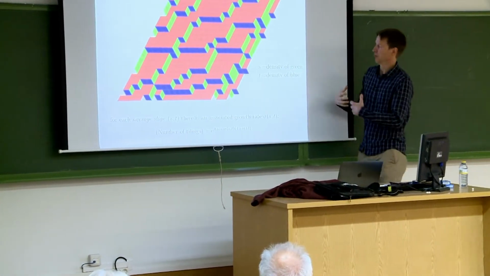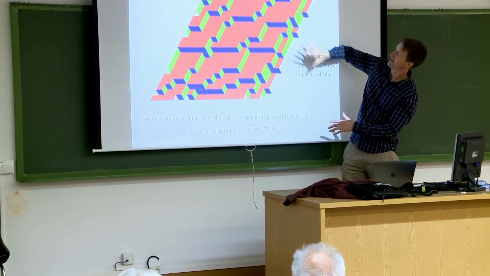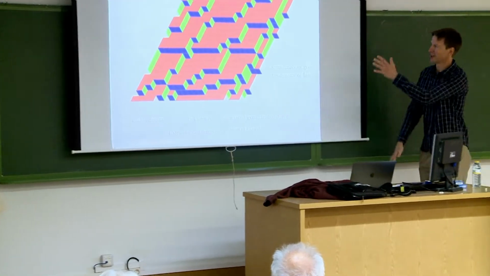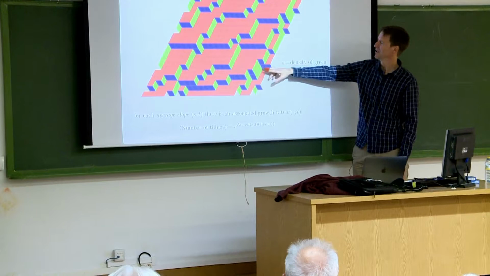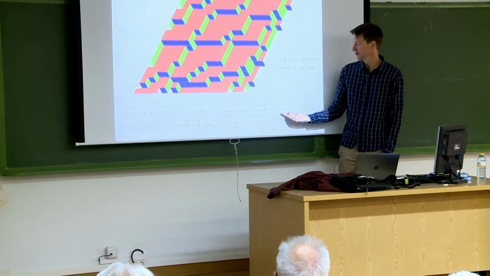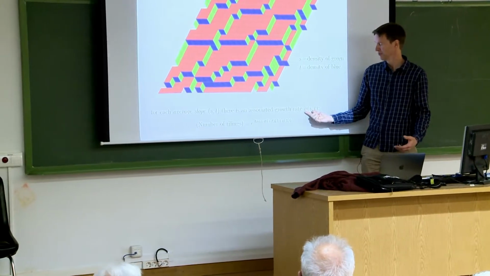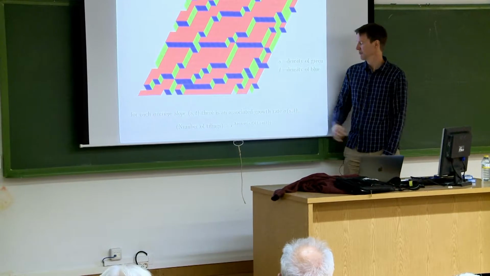And if I've got many more red tiles than greens and blues, then the slope will be tilted in the direction of red. So if I let S be the density of green tiles and T be the density of blue tiles, then the surface tension which I'm looking for, which is just the exponential growth rate of the number of configurations, is going to be some function of S and T.